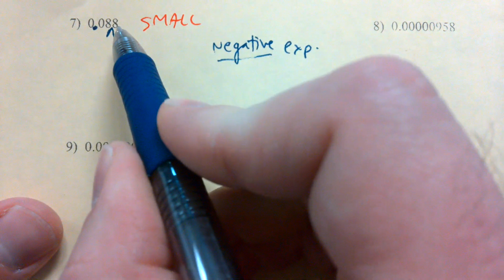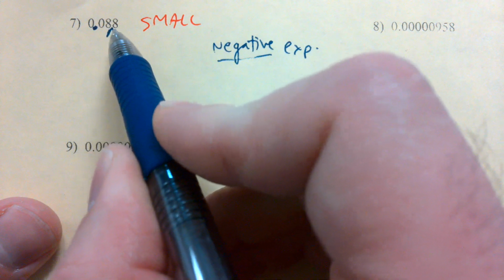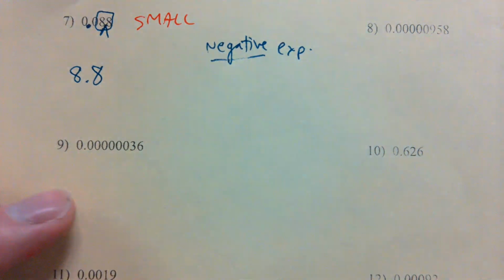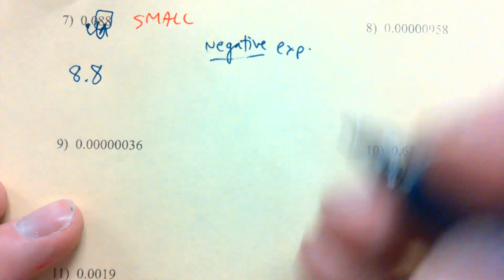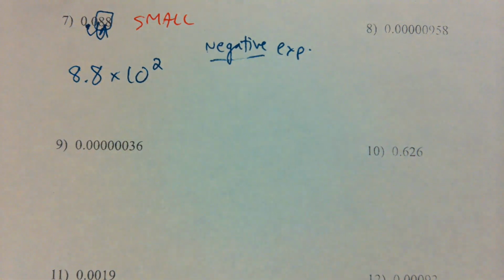Are we sure at the end? No, in between the 8s. If we move it all the way to the end, now we have 2 numbers to the left. We only want 1, right? So my leading number will be 8.8. We get it right in between those 2. Okay? And then we count our spaces. 1, 2 spaces over. 8.8 times 10 to the power of 2.